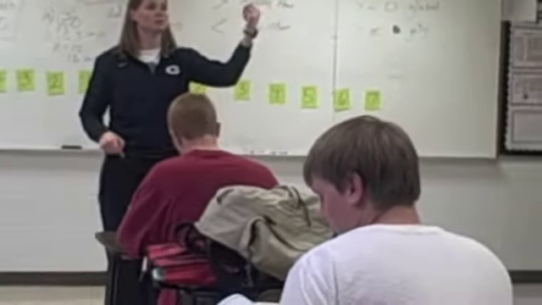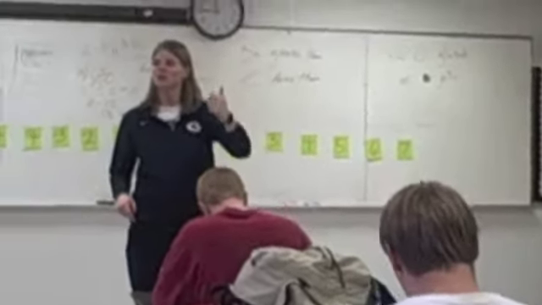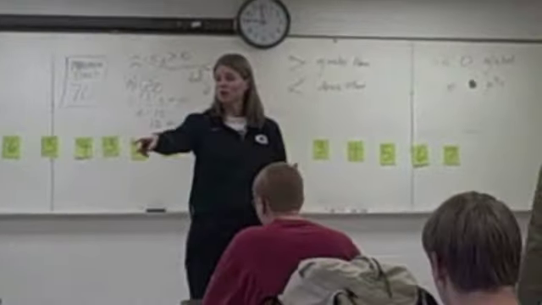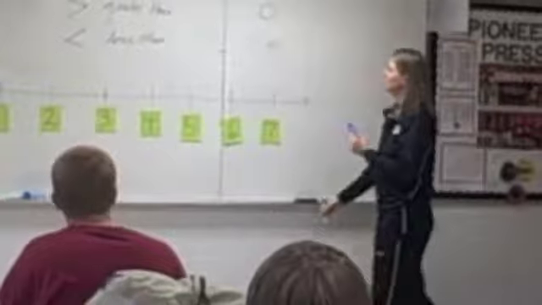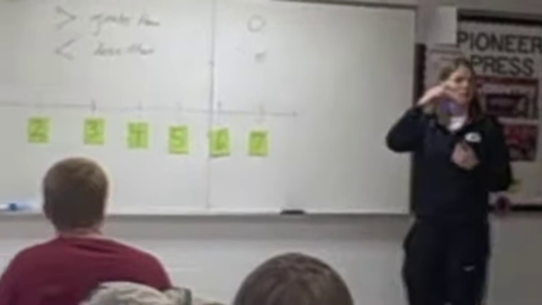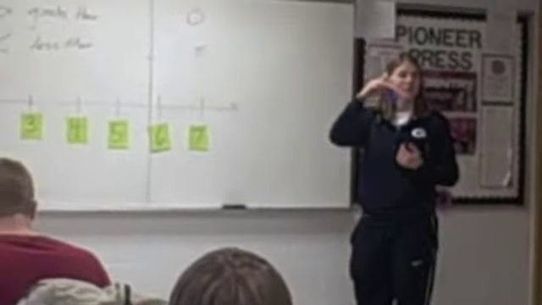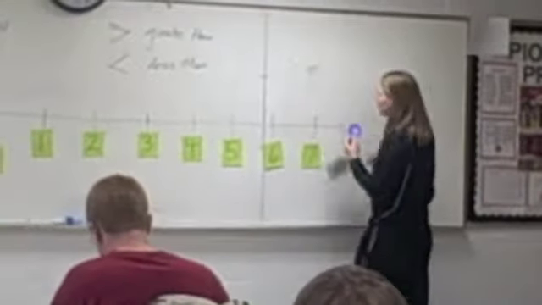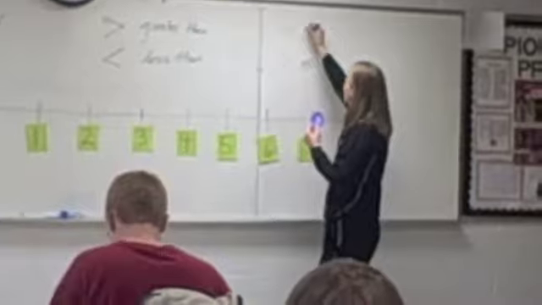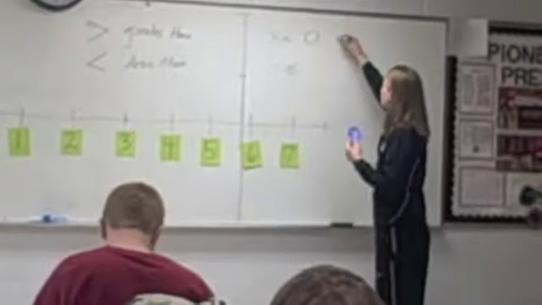Okay, Lee, you and Charlie. You and Trent. And you two. When there's no line in there, when it's just less than or greater than, we use the glazed donut.